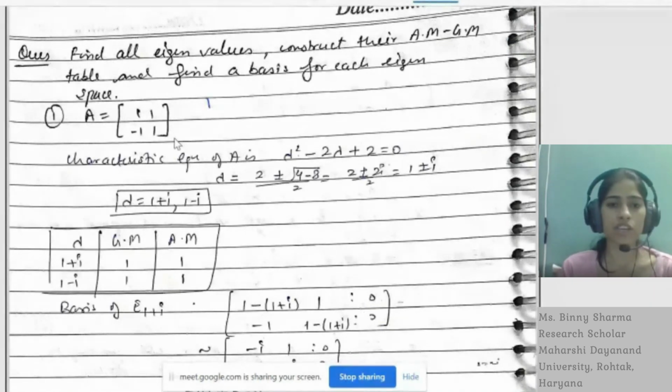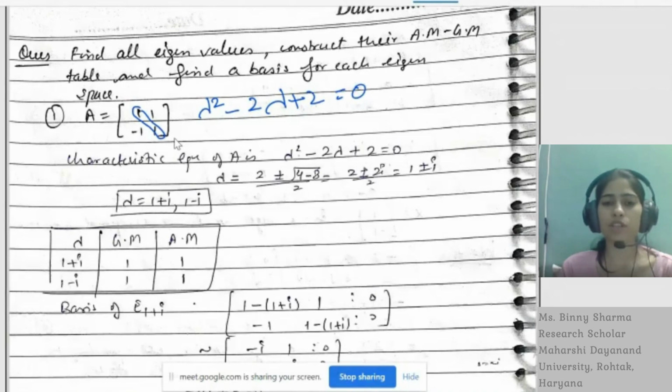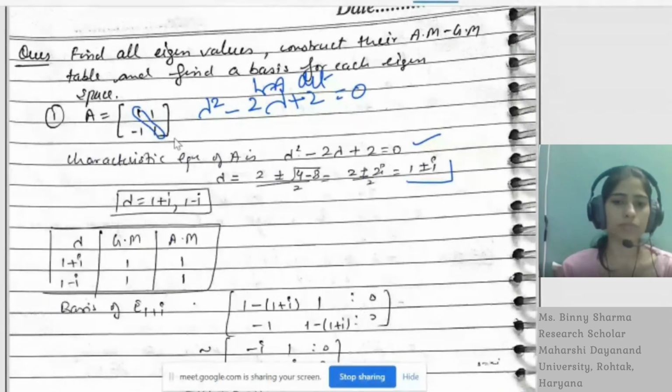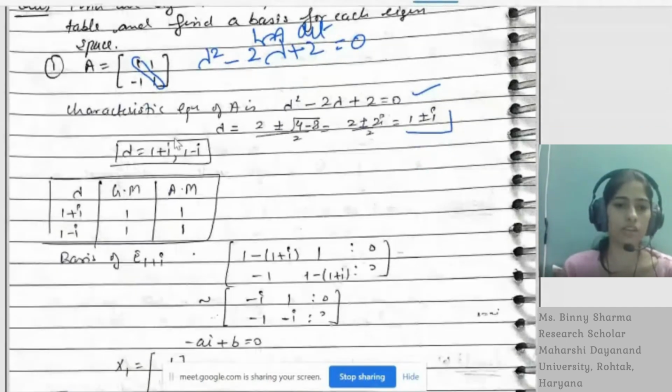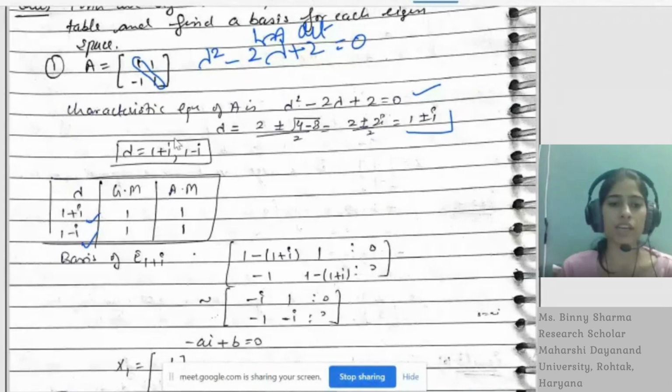The characteristic equation is lambda square minus 2 lambda, that is the trace, plus the determinant: lambda square minus 2 lambda plus 2 equals 0. After solving this characteristic equation, we get lambda equals 1 plus minus iota. So we have two eigenvalues, 1 plus iota and 1 minus iota.